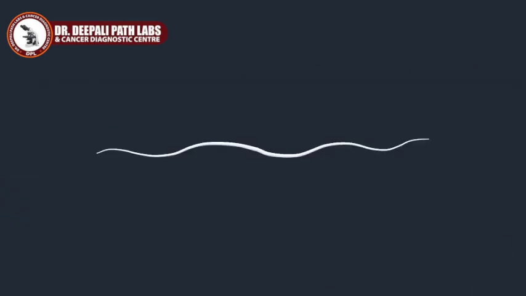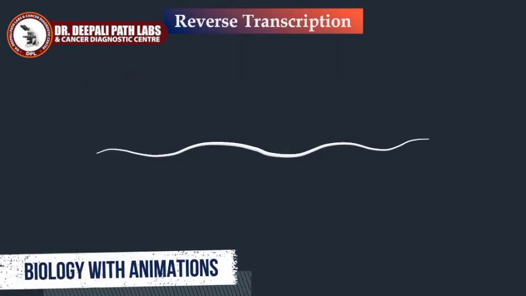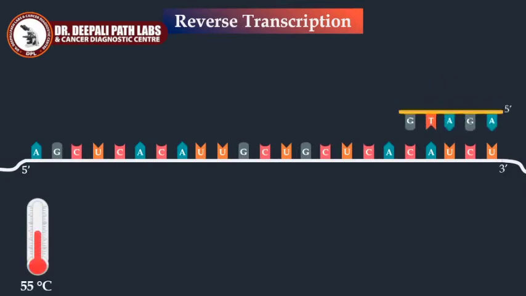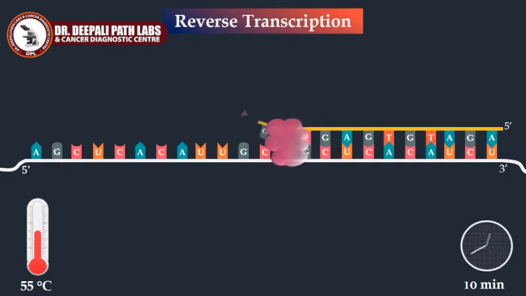The first step in RT-PCR is reverse transcription. The first strand complementary DNA synthesis is primed with the PCR reverse primer, which hybridizes to a complementary part of the virus RNA genome. Reverse transcriptase then adds DNA nucleotides onto the 3' end of the primer, synthesizing DNA complementary to the viral RNA.